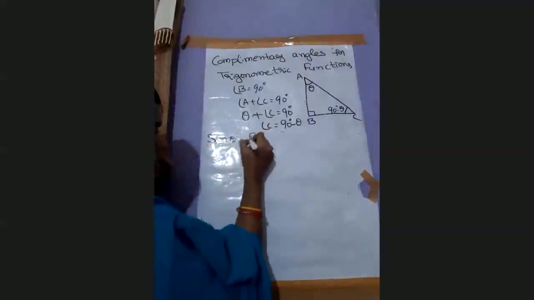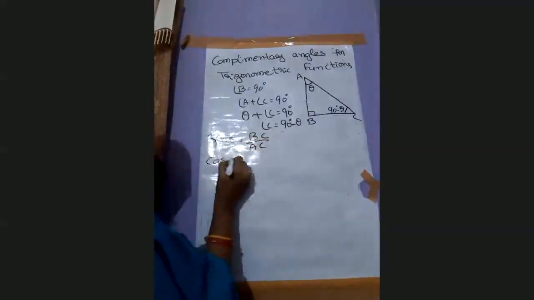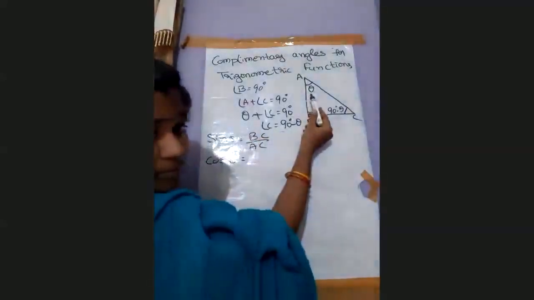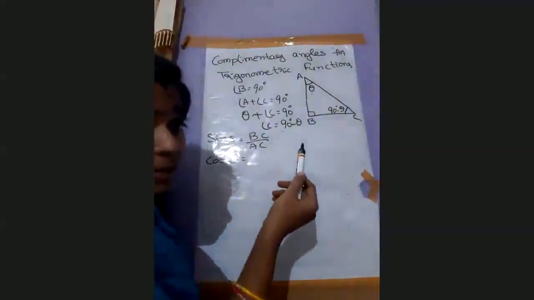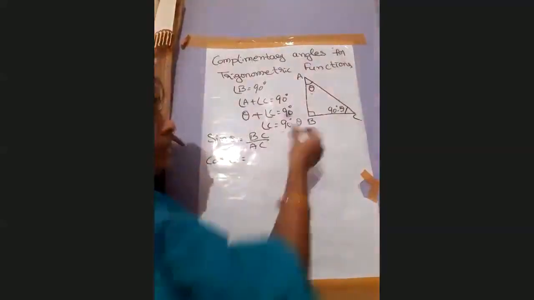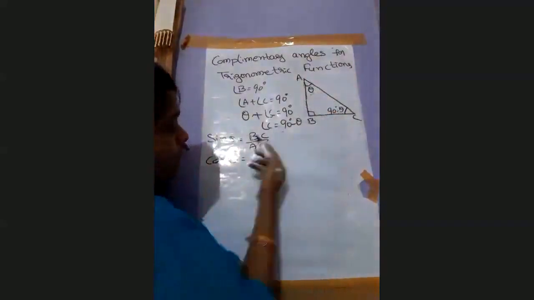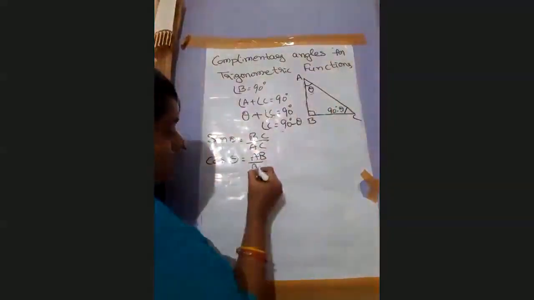And then what about the cos theta value? First of all, you have to remember the cos theta formula: adjacent side by hypotenuse. For theta angle, AB is the adjacent side and AC is the hypotenuse.